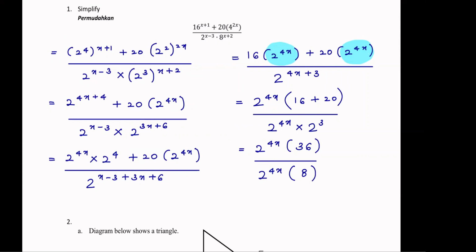Betul, sampai sini. 9. Answer is 9/2, sir. 9/2. Habis. Sebab ini boleh potong kan? This one can cut. So 36/8 is 9/2. Habis. So saya tak skip sebab tu nampak panjang.